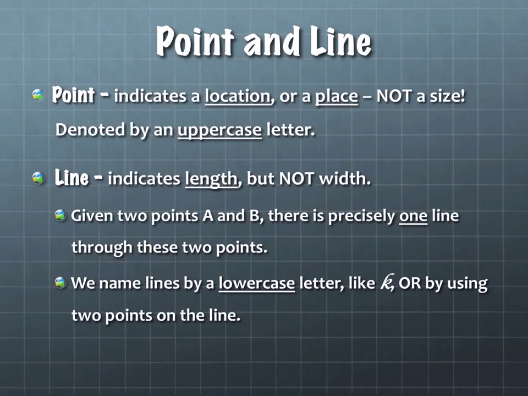So let's say you had the A and the B. You could have them written like A and B, like this. And for a line, you'd have that line on top with the arrows on both ends. So we have AB written like that as a line as well.